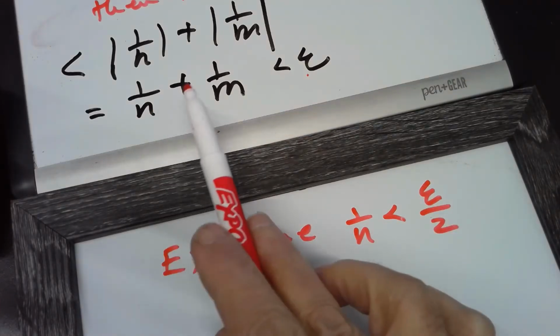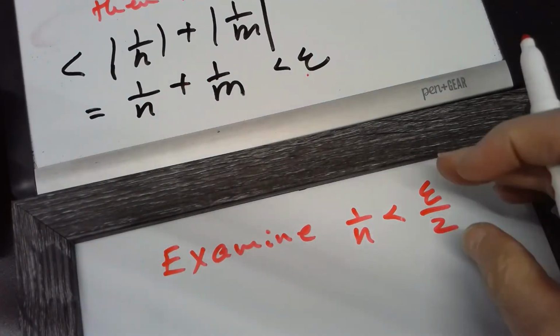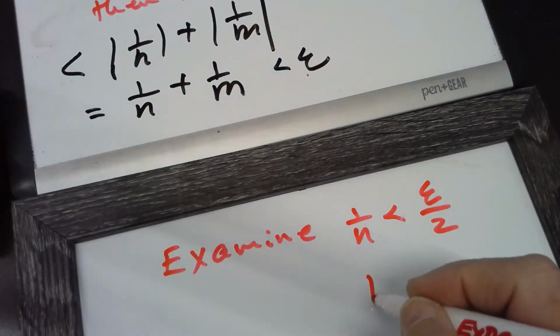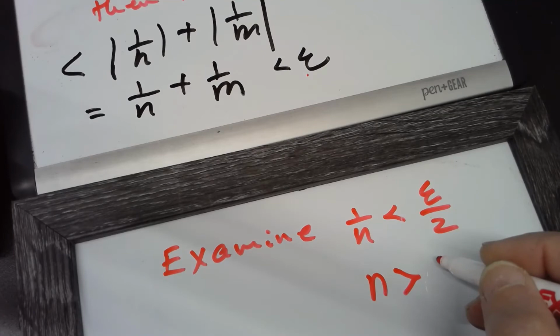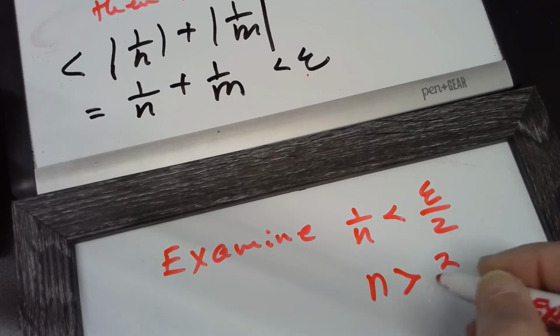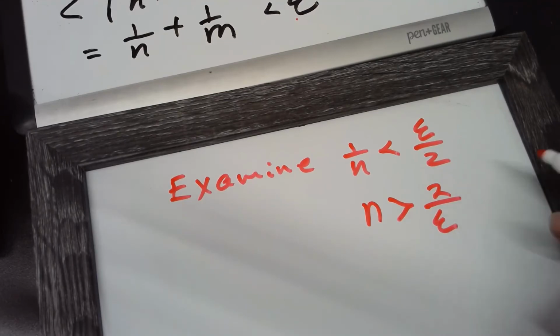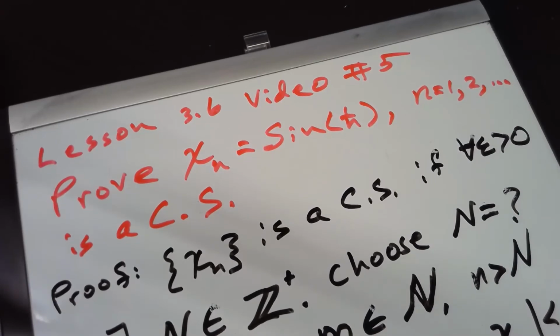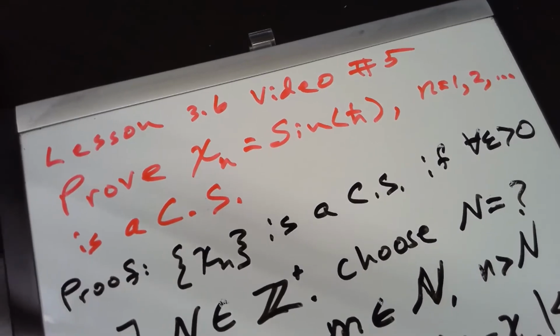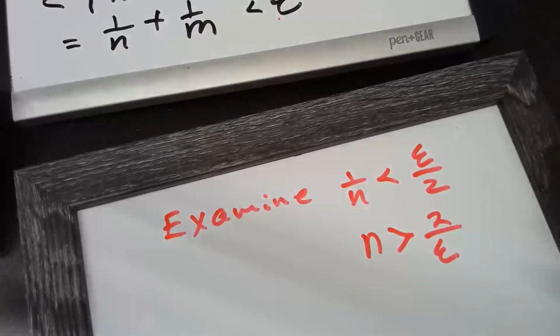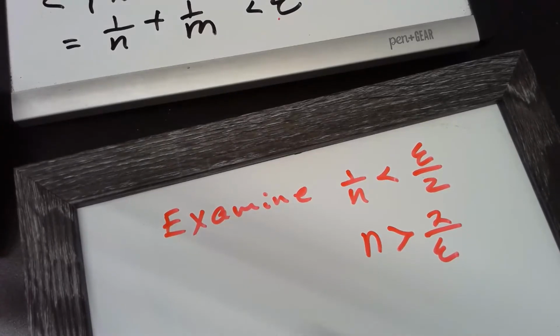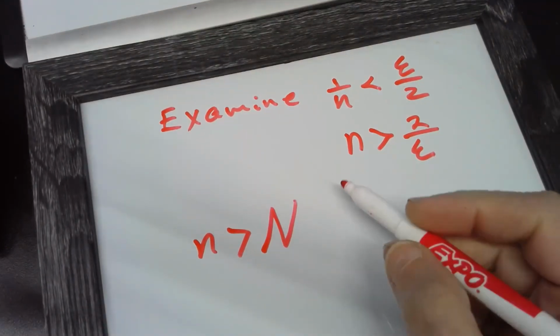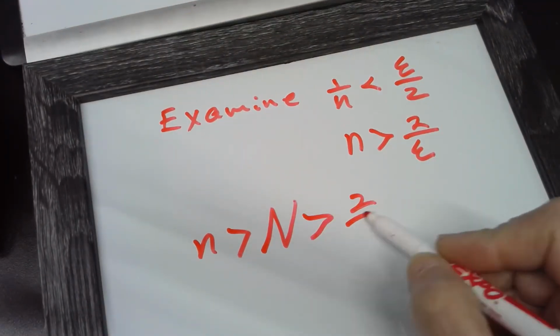Since these two together are less than epsilon, we split this, so we have epsilon over 2 and epsilon over 2. And if we flip this and switch the inequality sign, then n is greater than 2 over epsilon. Well, we said before that n is greater than uppercase N, and so that's going to be greater than 2 over epsilon.